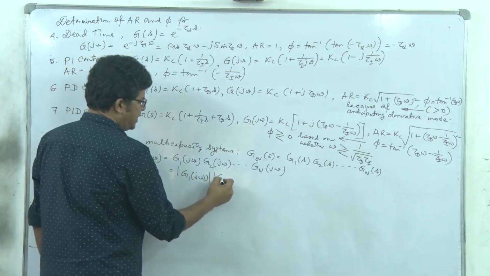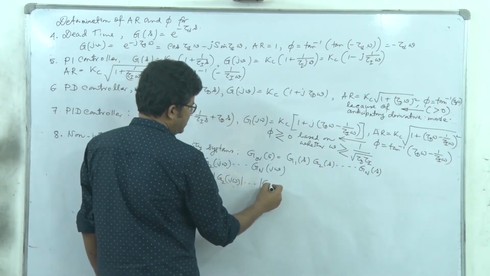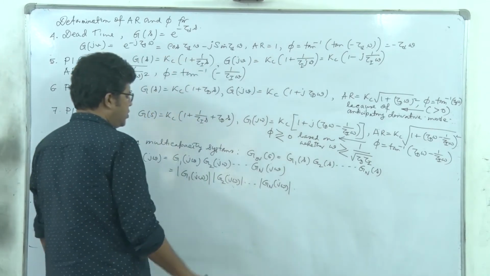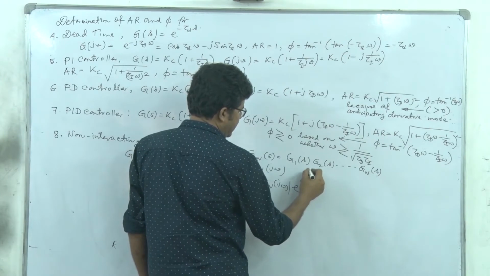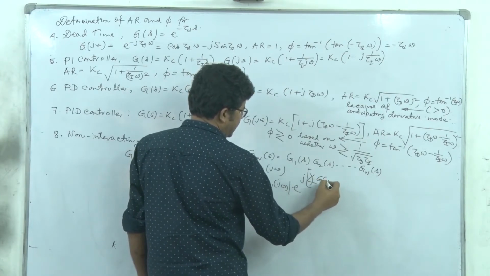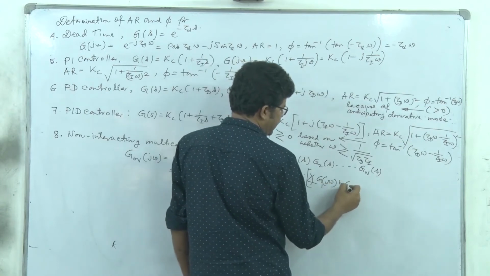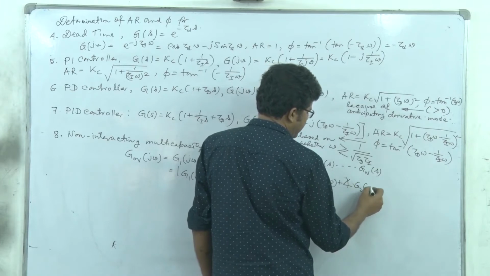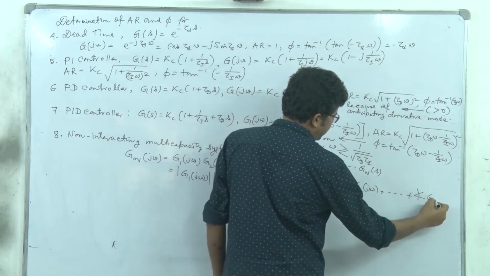We can go on writing the mod, into e to the power j of argument of G1(jω) plus argument of G2(jω) and the argument of Gn(jω).